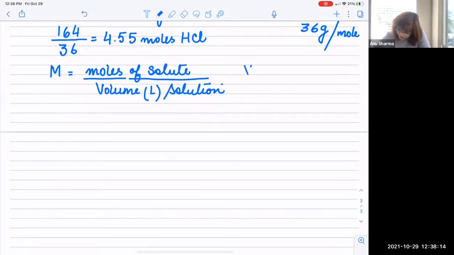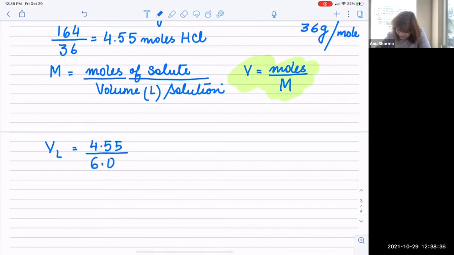So volume is equal to moles over the molarity, the formula you are going to use after doing the algebraic conversions. Volume is in liters, moles is 4.55, divided by the molarity, 6.0 molar.